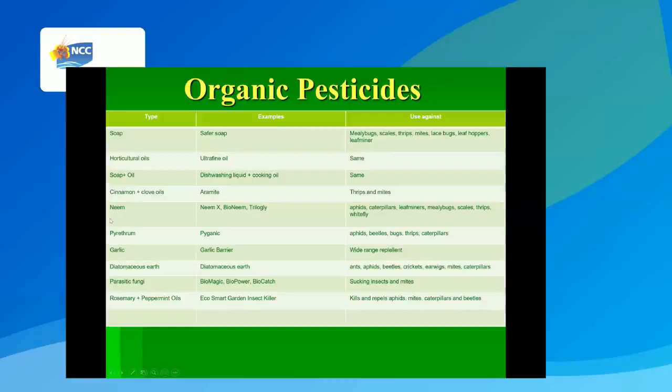Then you can use a mixture of the soap and oil together. And I've talked about this many, many times on the radio. And this is one that you can make in your own kitchen, right? Again, controlling a wide range of these soft-bodied pests.